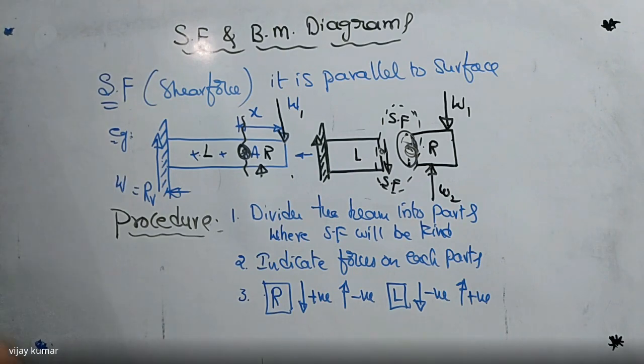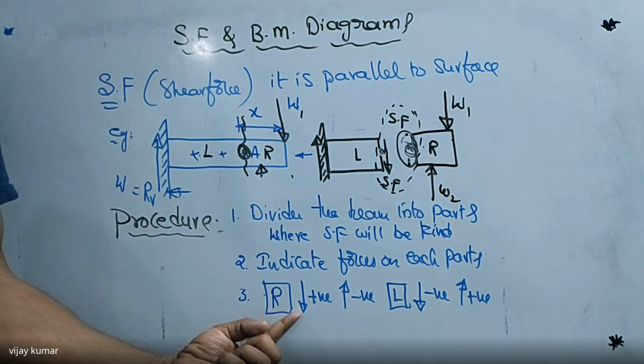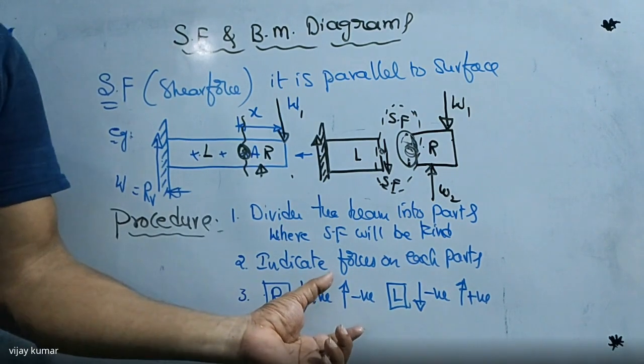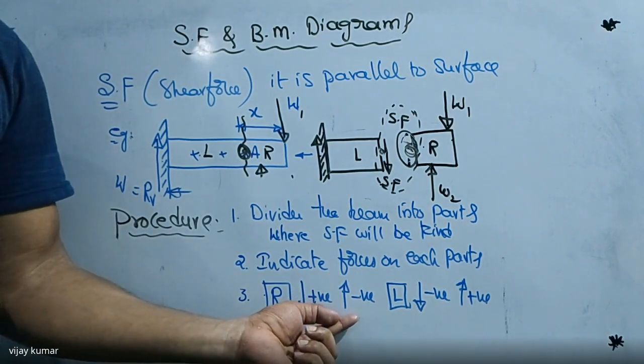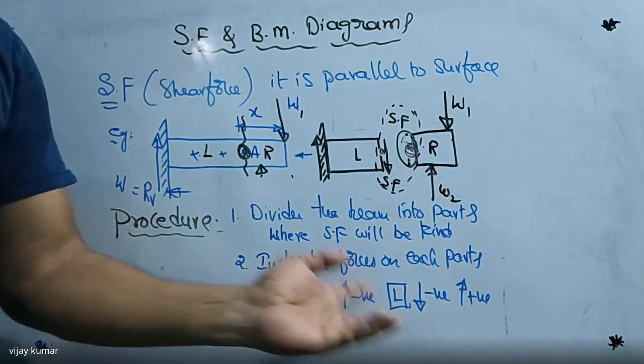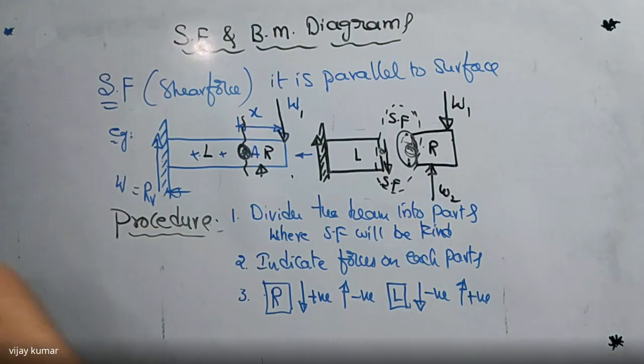Did you get my point? So if you choose the right portion, and it has a downward force, always take it positive. If it has an upward force, we always take it negative. If you choose the left or right portion, we get the same value of shear force, but the direction is different. We get the same magnitude.